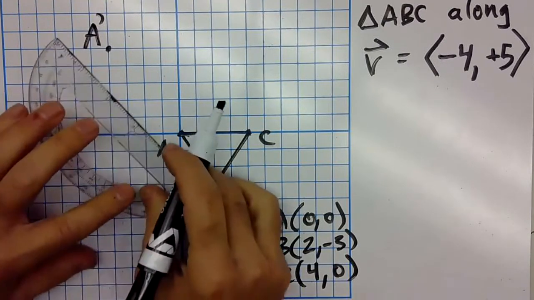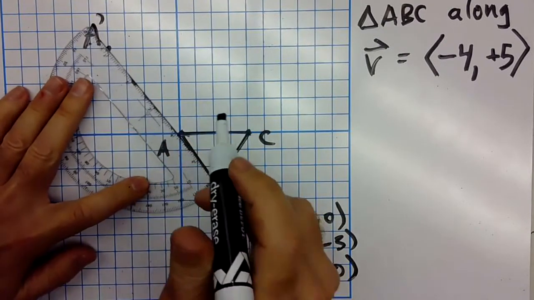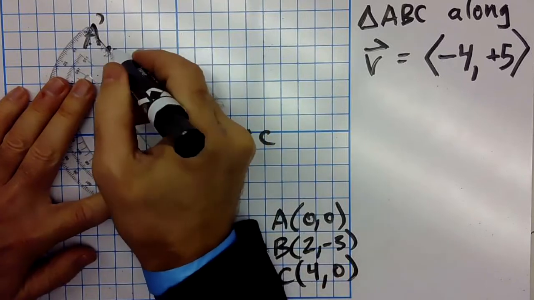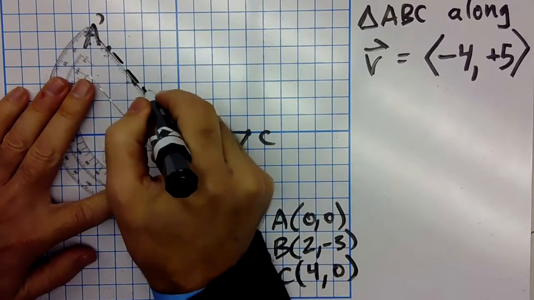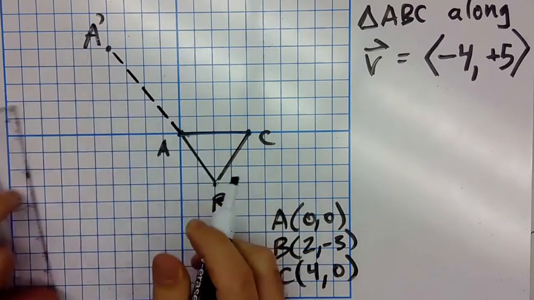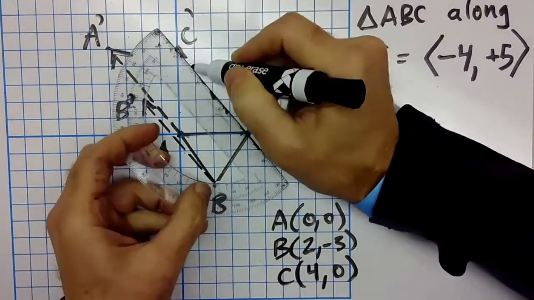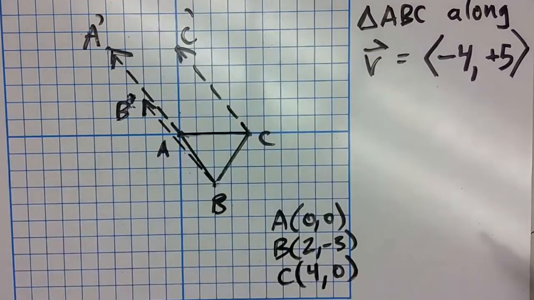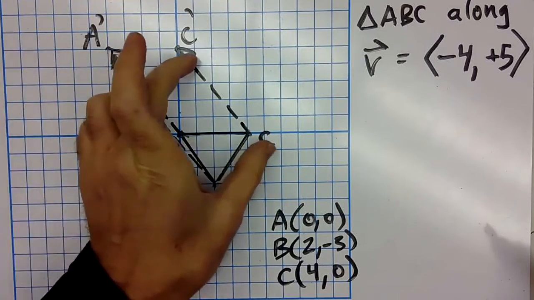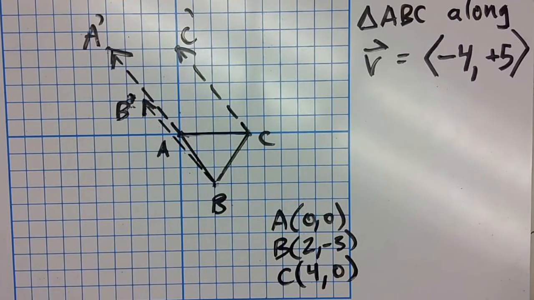I can go ahead and draw, and I'm going to draw it with a dashed line. This is my vector. But all 3 of these vectors should be parallel, and they should be the same length, right? The same direction and the same magnitude.